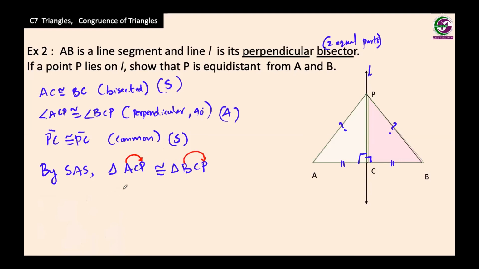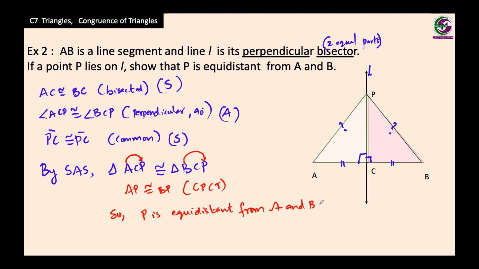So by congruence, we can say AP is congruent to BP. Why? Corresponding parts of congruent triangles. AP is congruent to BP, which means the distances are the same. So P is equidistant from A and B. That's what we have to prove.